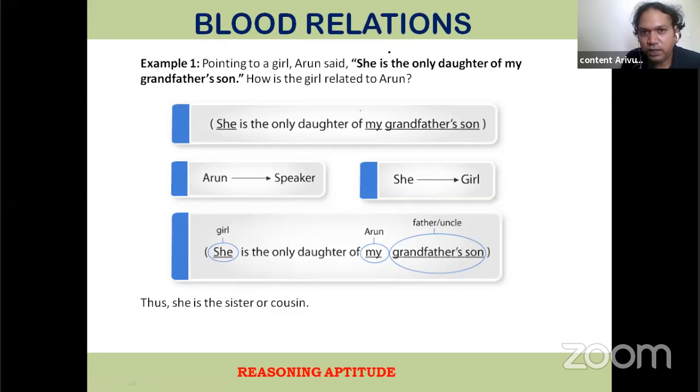Pointing to a woman, Nirmal said, she is the only daughter of my wife's grandfather's only child. 30 seconds are up. 30 seconds more remaining. Just 10 seconds remaining. Only 40 of you have answered till now.